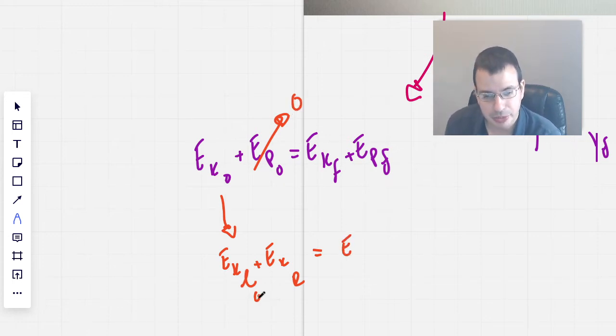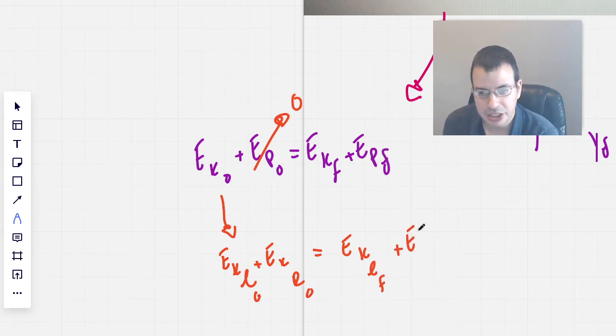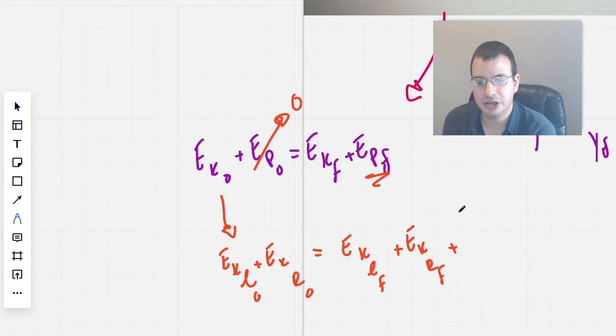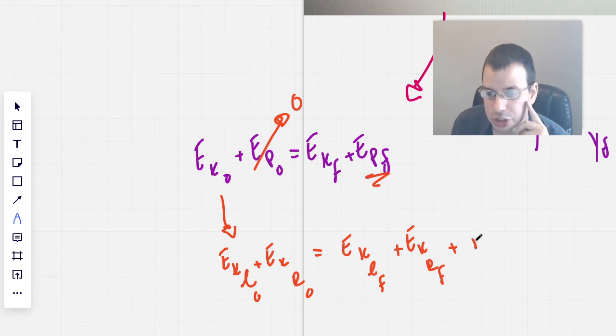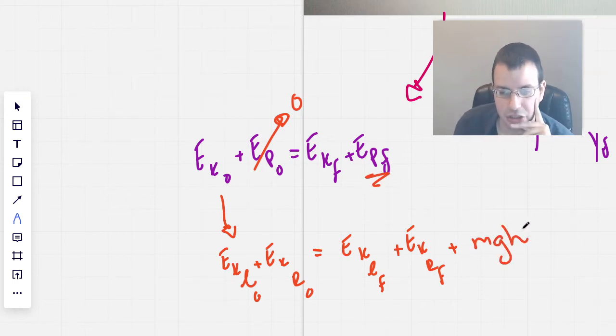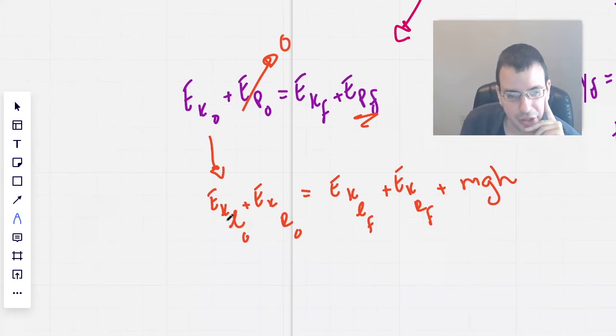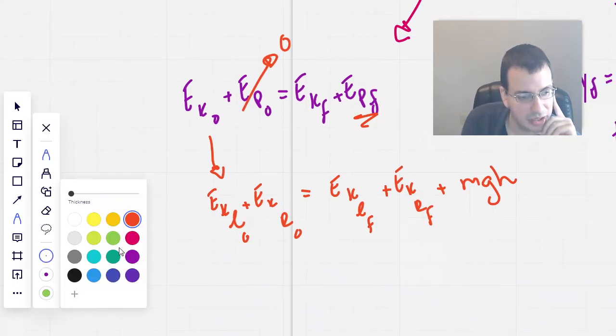These will both be initial. Then we'll have energy kinetic linear final, just L for linear, plus energy kinetic rotational, you could use an A for angular if you wanted, final, plus its energy potential due to its height, which is going to be mgh. Okay? So then we can expand this again.